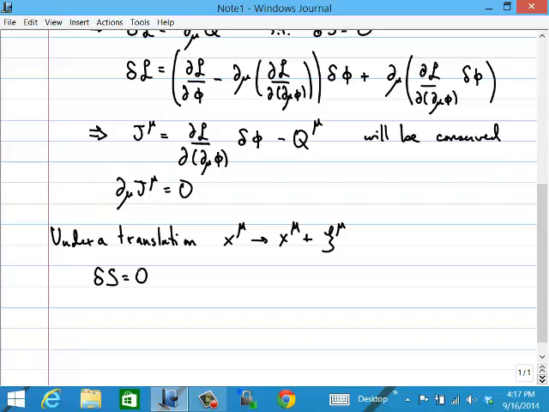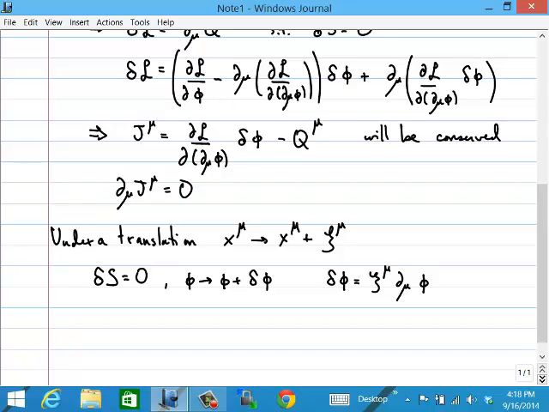Now how do the fields phi transform under this translation? Well, phi goes to phi plus delta phi, where at leading order, when this vector zeta is very small, delta phi is just given by the Taylor expansion. So it's zeta mu d mu of phi.